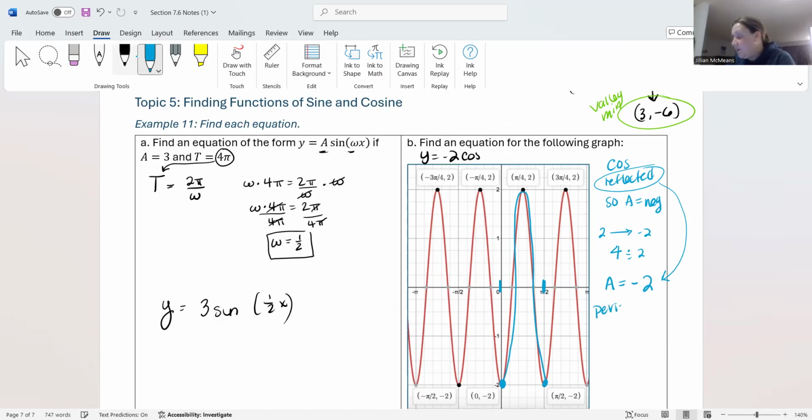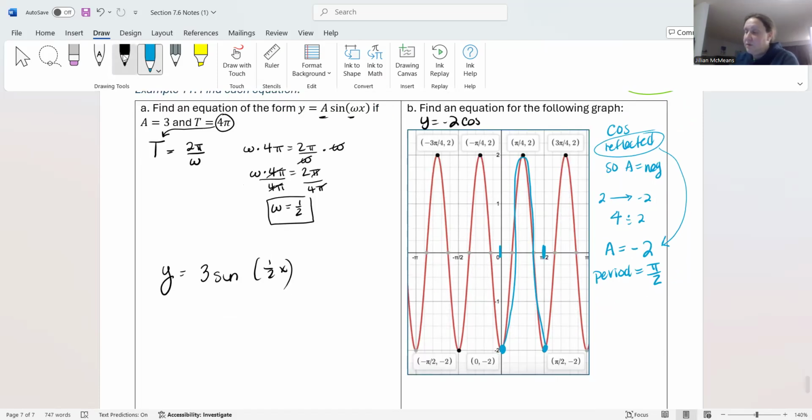So since my period is pi over 2, we're going to have to do some work to figure out what omega is. Because remember, we need to know what omega is. Basically, we need to figure out what omega is, multiply it by x, and we're done. So we know that tau represents the period, and it's the initial period divided by omega. Well, we have found out that the period of this graph is really pi over 2. So I'm going to replace tau with pi over 2.